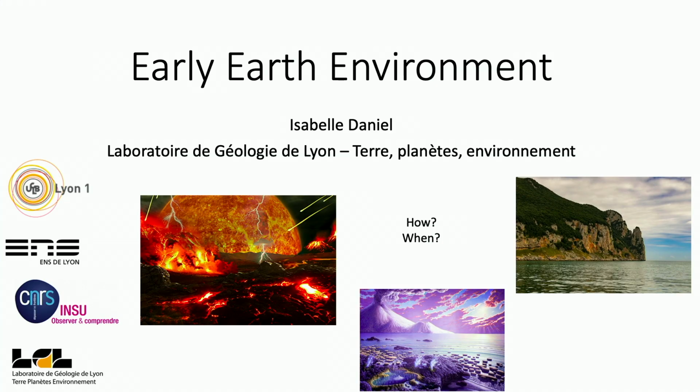This was the very beginning of the Earth, a few million years after the Earth formed, probably less than 100 million years to go from this state to this one. The exact timing could be a little debated if we go into the details of the different environments.